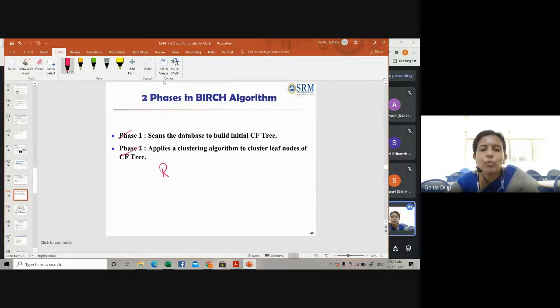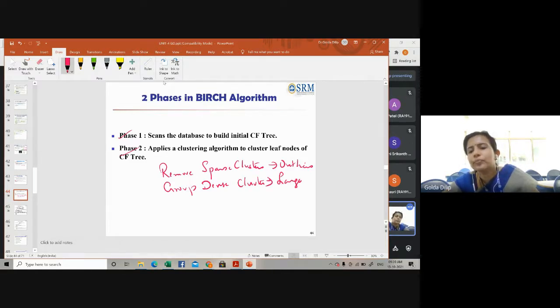That is, remove sparse clusters as outliers and group dense clusters into larger ones.